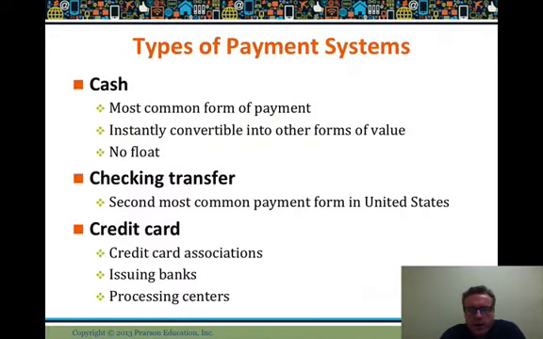So a variety of different types of payments: cash, checking accounts, credit card transactions, stored value cards, and other automated means of payment are used for all types of transactions, but not all of them are appropriate for online. Obviously, the most common form of transaction payment in the world is cash, but that doesn't really work at all online.